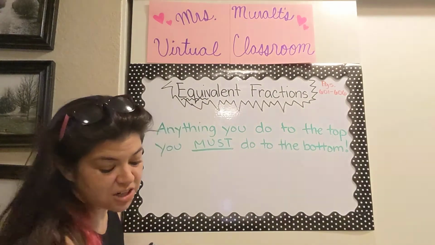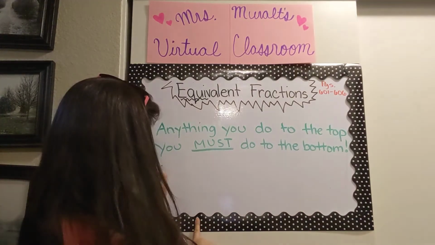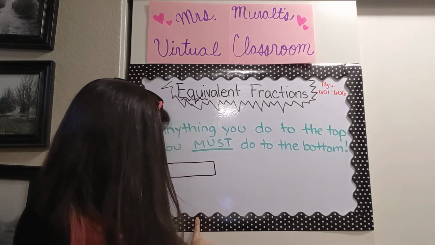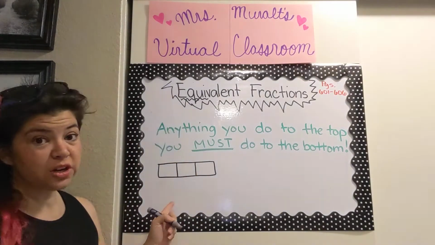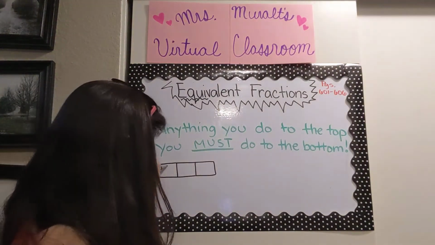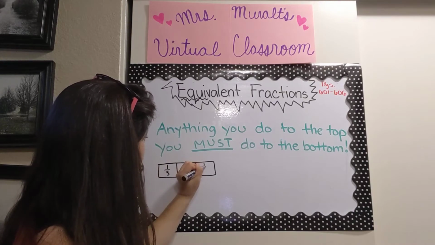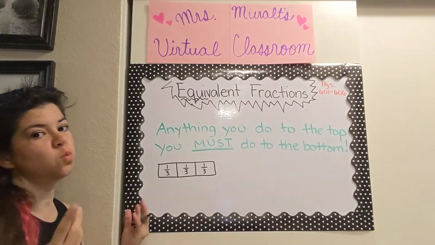So we're going to use fraction tiles just like we did before to help us with our answer. So here I broke it into thirds. 1/3. So each one of these pieces is a unit fraction that equals 1/3.